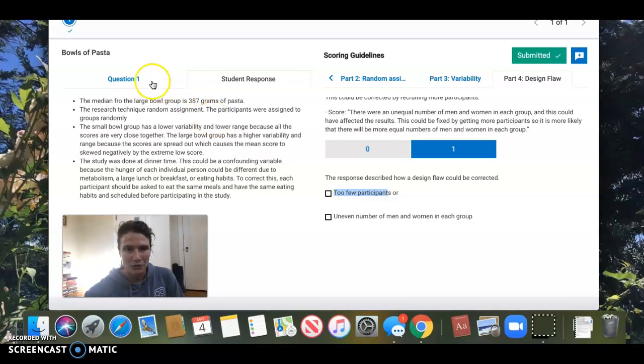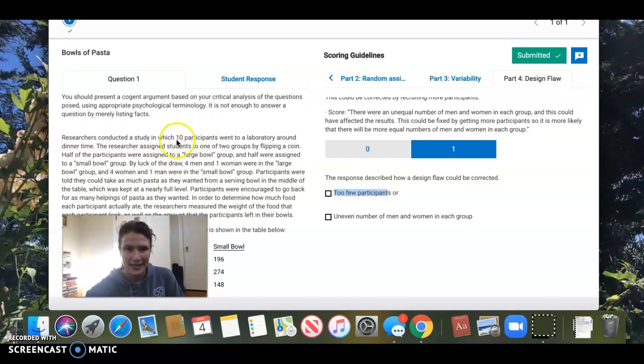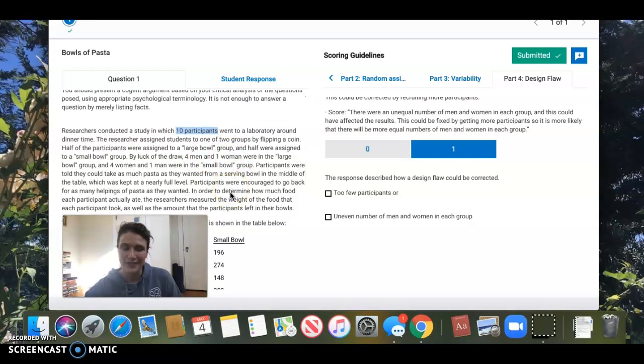I think there were only 10 people in this study, 10 participants. So you could have said there are too few participants. You also could have said there are an uneven number of men and women in each group. Many of you mentioned this as well, that the gender distribution between the two groups was not equal, which could have also been a confounding variable or a design flaw in the experiment.